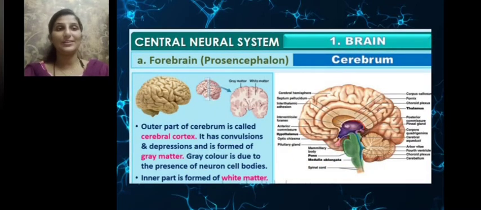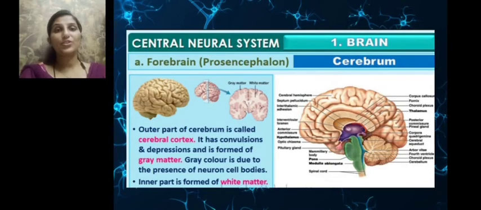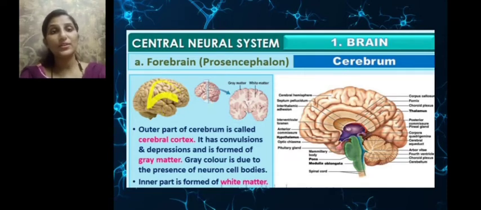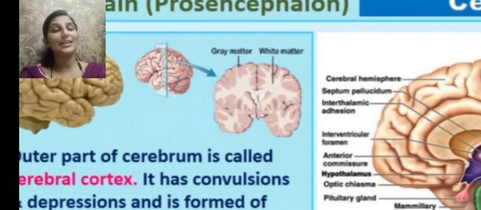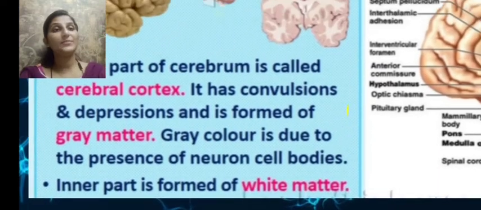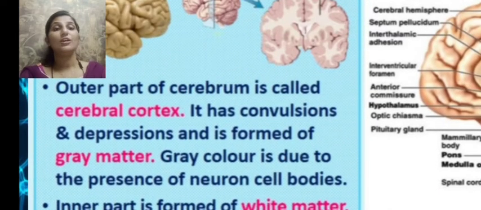The outer part of the cerebrum is called the cerebral cortex, and this cortex region has a greater amount of convolutions and depressions, ups and downs. The outer region forms the gray matter and the inner region forms the white matter.